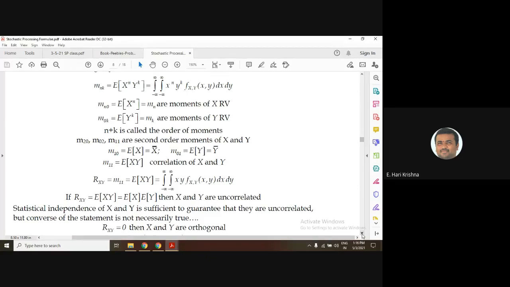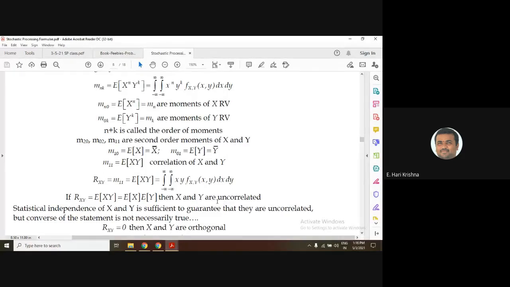Any periodic function can be expressed as a sum of mutually orthogonal functions. All sinusoidal and cosinusoidal signals are mutually orthogonal. Means if you integrate sin n omega naught t times sin m omega naught t, its value is 0. Similarly, if X and Y random variables are orthogonal, you can say that their correlation is 0.